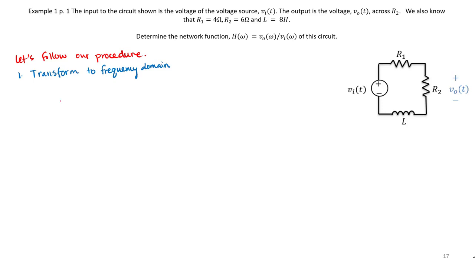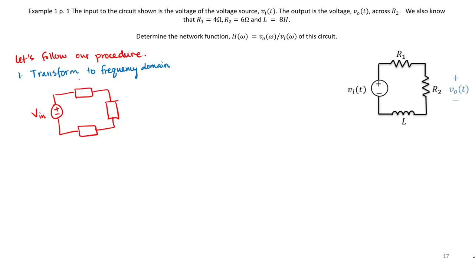All right, let's go ahead and draw this in the frequency domain, and I will also apply my box trick. So in frequency domain, we do not know what our input voltage is. It was not given to us. Let's just leave it as V in.